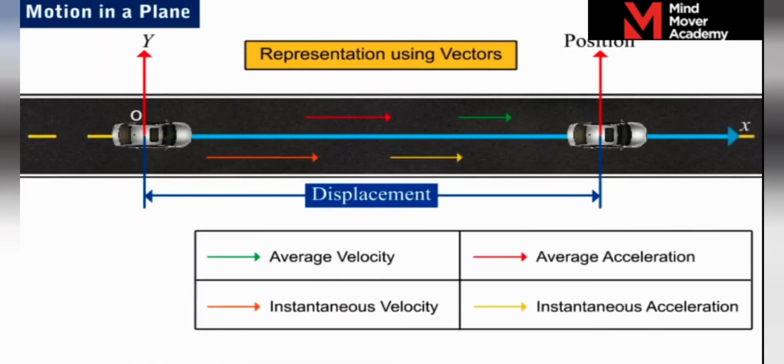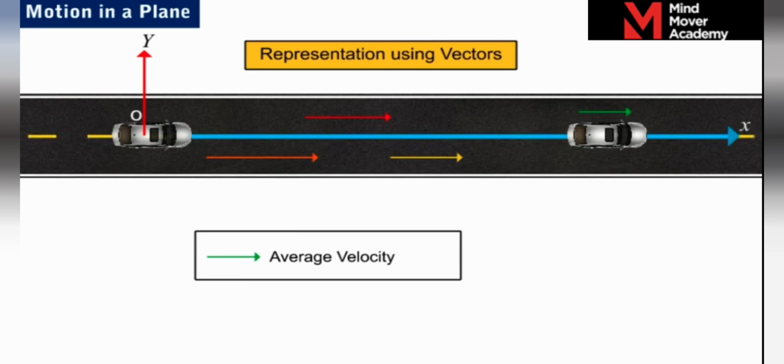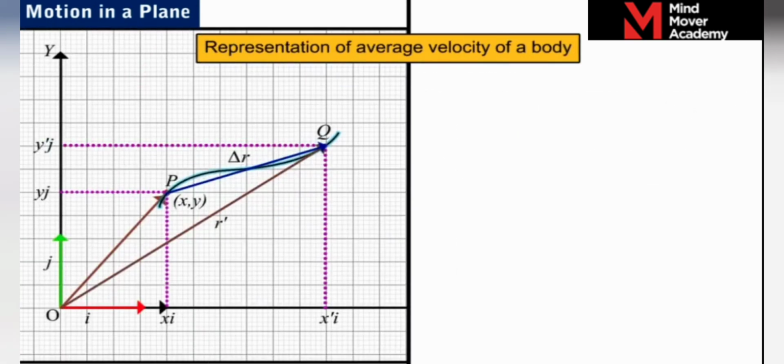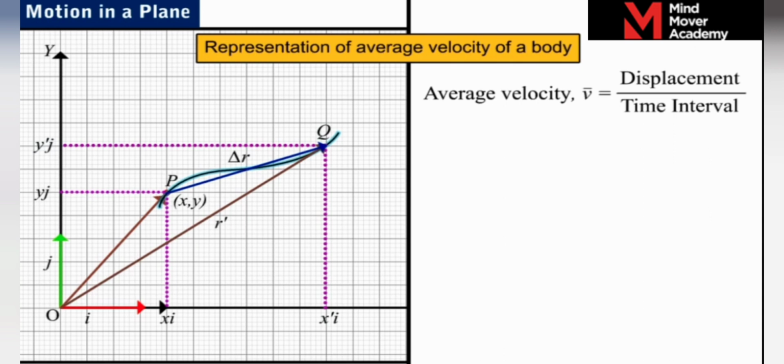Now, let us see how we can represent the average velocity of a body using vectors. Consider the same body to move along a curve in the xy plane. In this case, the average velocity of the body is the ratio of displacement and the corresponding time interval.